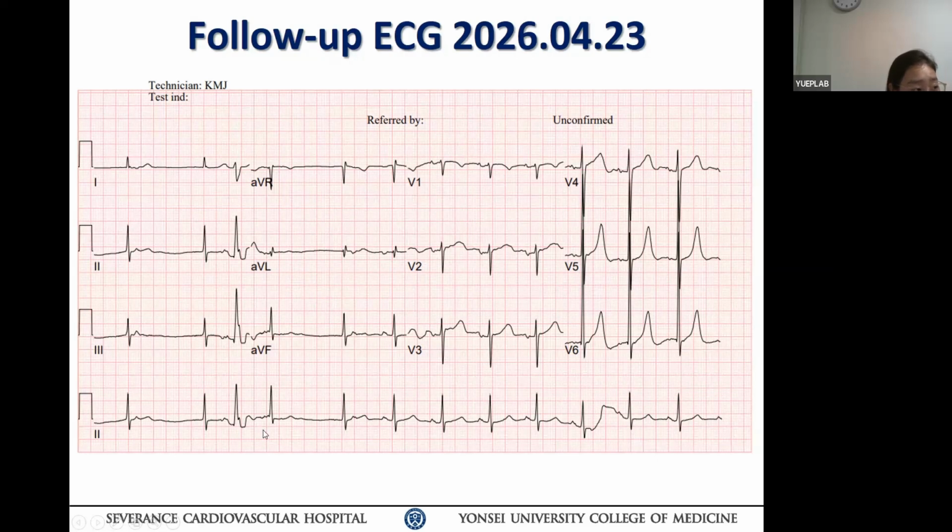But why is the initial RR interval narrow, the fifth beat? If it is junctional escape and a non-conducted APC, how come the RR interval is so regular?